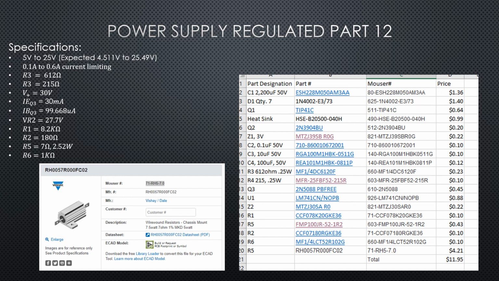The problem is you really need to double the power rating for that resistor. So I looked up and found a 7.5 watt, 7 ohm resistor. You can see right there the R5. This is what it looks like. You can see the price difference. All of a sudden we've got a $4.21 part there to dissipate that power.